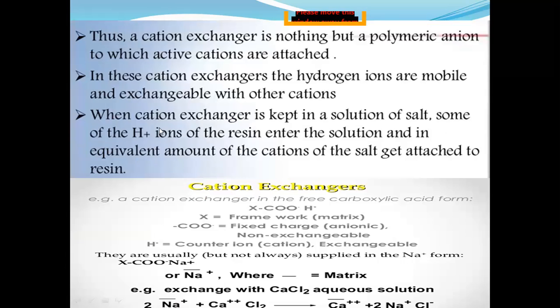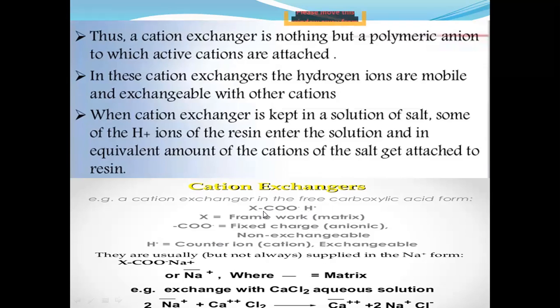When a cation exchanger is kept in a solution of salt, some of the H plus ions of the resin enter the solution, and an equivalent amount of cations of the salt get attached to the resin. You can understand this from the example. Here X is COO minus H plus.